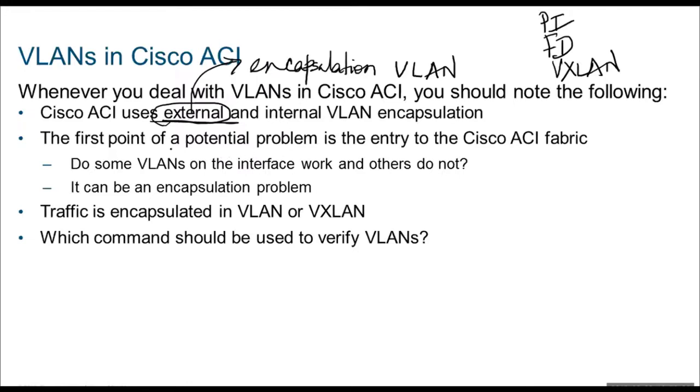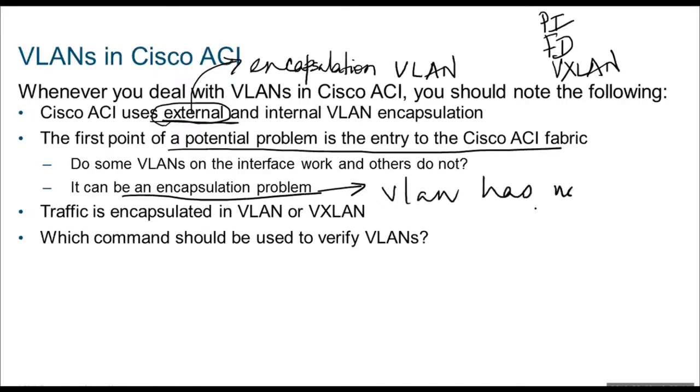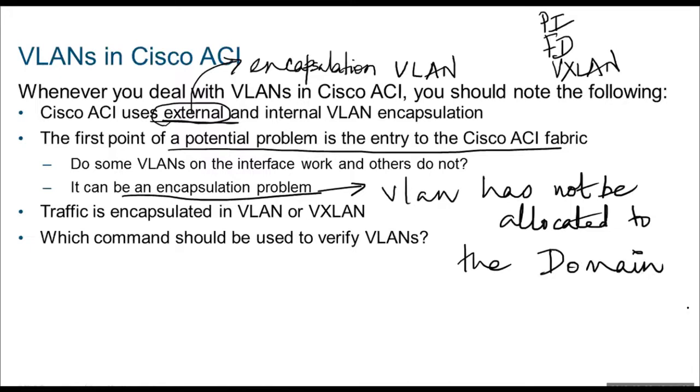So first point, usually I see a lot of people don't realize it could be the VLAN has not been allocated to the domain. Physical domain, routed domain, whatever, you've got to make sure the VLAN pool is allocated. You should verify, are we using VLAN or VXLAN?